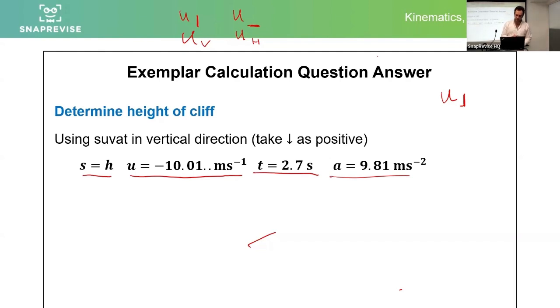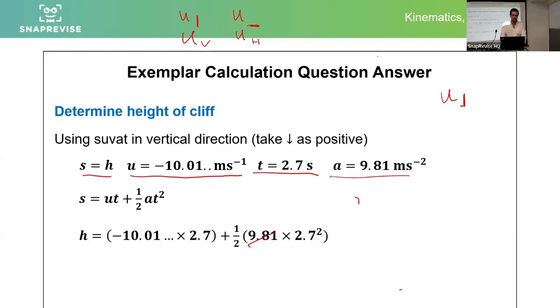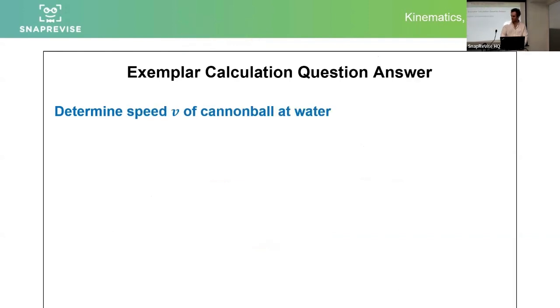We didn't have to pick downwards as positive. We could have reversed the sign on U and A, and it would work just fine. Don't worry. The equation that has S, U, T, and A is the one that appears there. Substitute, because it's already rearranged to give us S. Put our values in, and we end up with 8.71. Not a super tall cliff, but, you know, scary nonetheless.